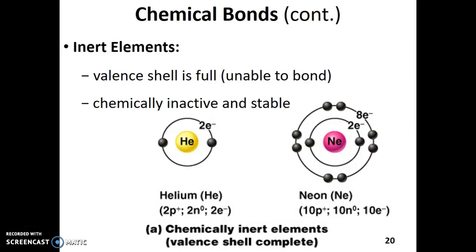So the noble gases have their outermost shell full of electrons. All noble gases are very stable, and they don't like to enter into chemical reactions because they are very stable. So an example, helium is a noble gas. It has 2 electrons in its outer orbital. It only has the first outer orbital.